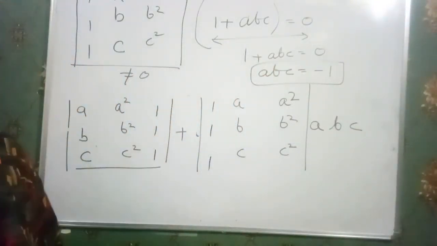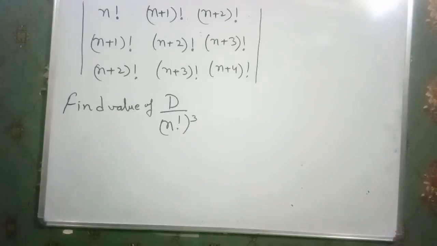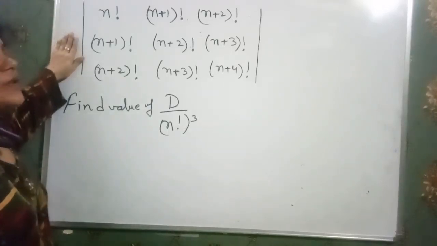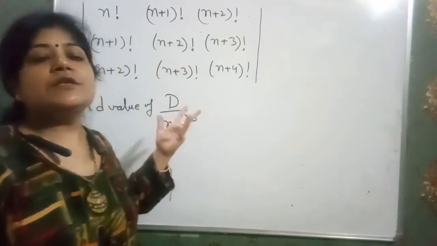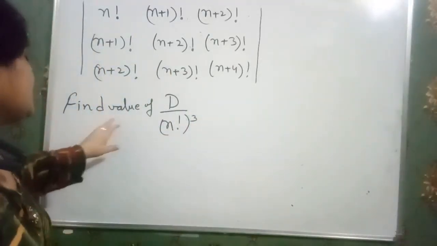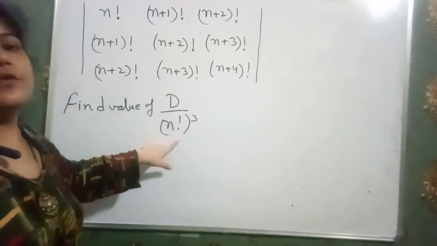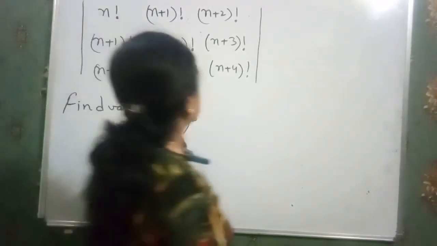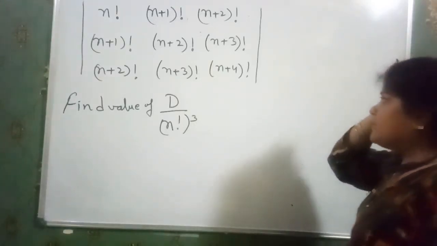Now I am going to take another question. Now watch this type of question on your screen. Here we have the elements of the determinant in terms of factorials, and we have to find the value of the determinant over n factorial cubed. How do we solve these types of terms when we have factorial n?